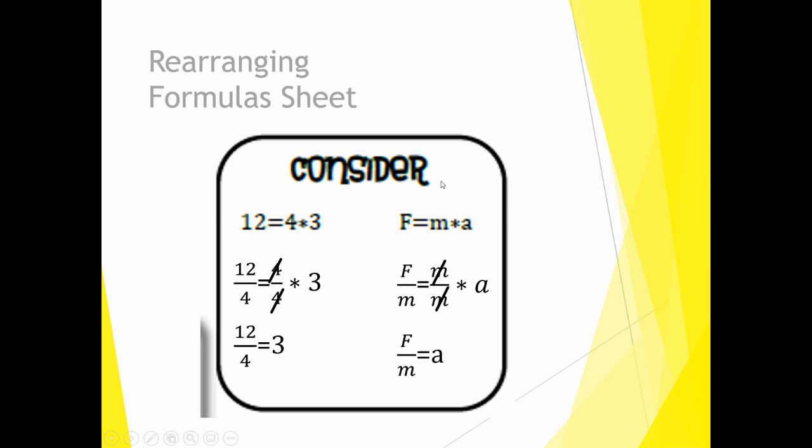When I look at the one that uses symbols instead, if I'm trying to isolate the a and get the a by itself, I divide both sides by m, and since my m's on the right-hand side cancel, the numerator and the denominator here, I get F over m equals a.